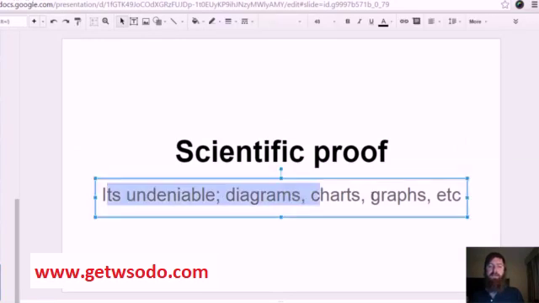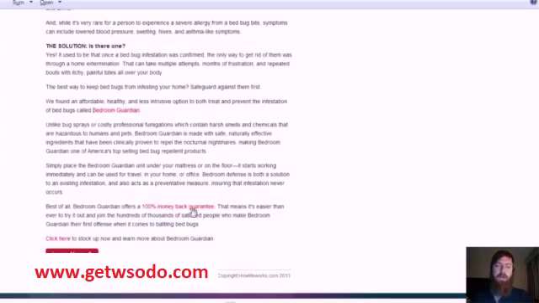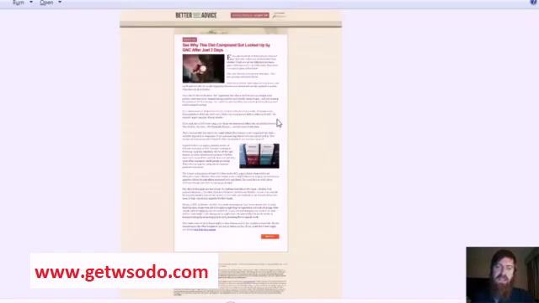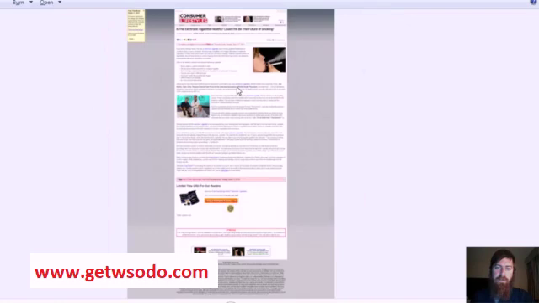And scientific proof. We talked about this: before and after pictures, using charts or diagrams. The more charts and diagrams you can show to back up benefits within your actual landing pages, the more powerful it will make it. Now let me find a landing page that uses a scientific chart to back up some of their claims.